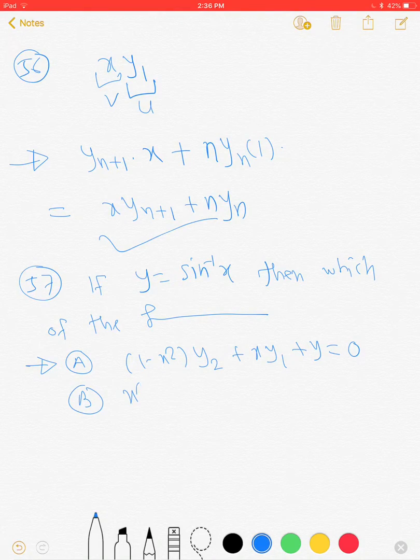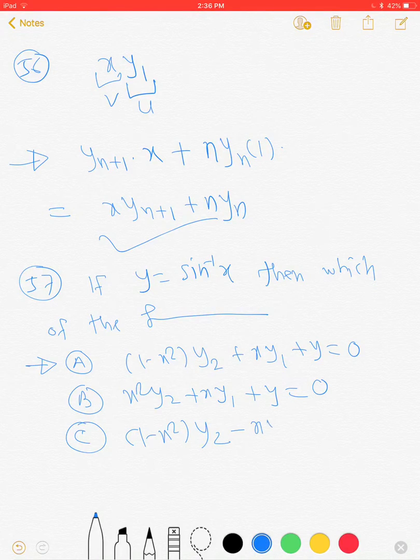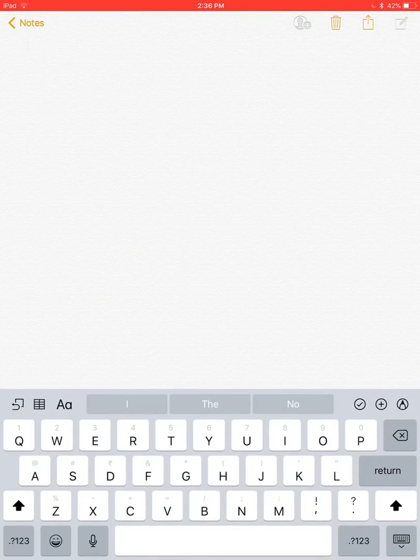Second option is x square y2 plus x y1 plus y is equal to 0. Option C is (1 minus x square) y2 minus x y1 is equal to 0. Option D is (1 plus x square) y2 plus x y1 is equal to 0. So we have to find out the correct option.